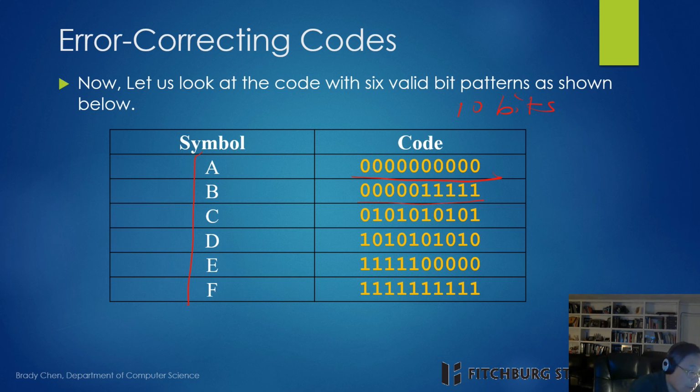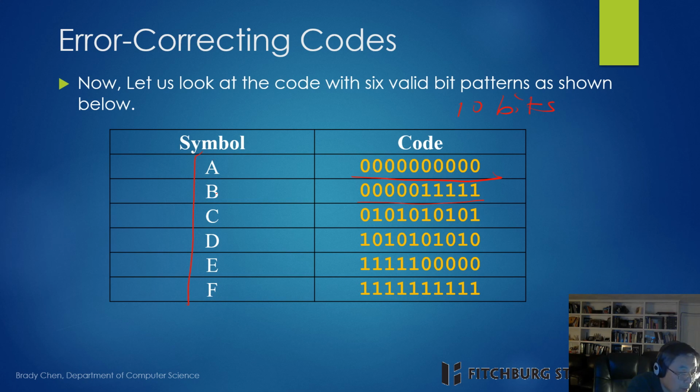The distance between A and B is 5. The distance between A and C is also 5, because C has 5 ones and 5 zeros, and A contains all zeros. The distance between A and D is 5, between A and E is 5, and between A and F is 10. All the bits are different.